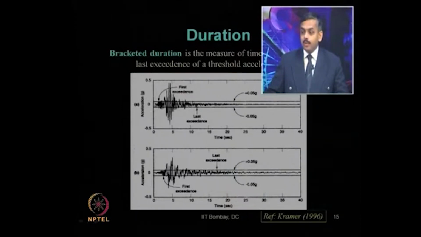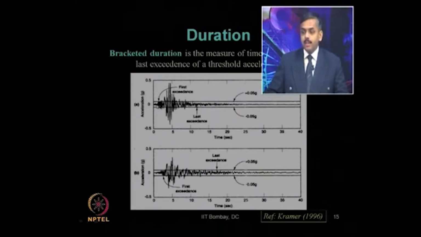Wherever your value of that 0.05 g, if you see the scale, this is the 0 scale, this is 0.5 g. So, you have the demarcation over here: 0.05 g, 0.1 g, 0.15 g like that. So, you draw a line of 0.05 g in both directions, that is plus or minus, because we are considering only the amplitude of it.